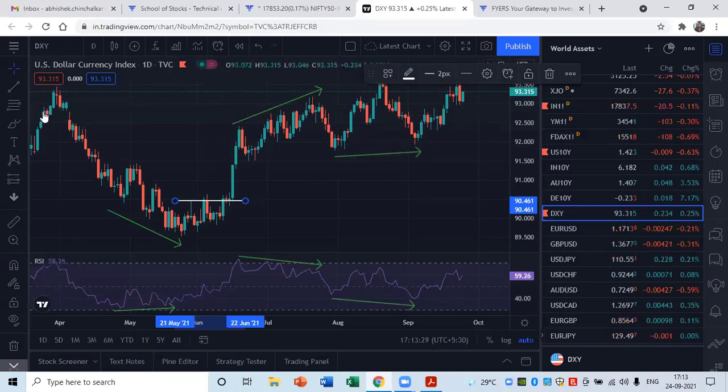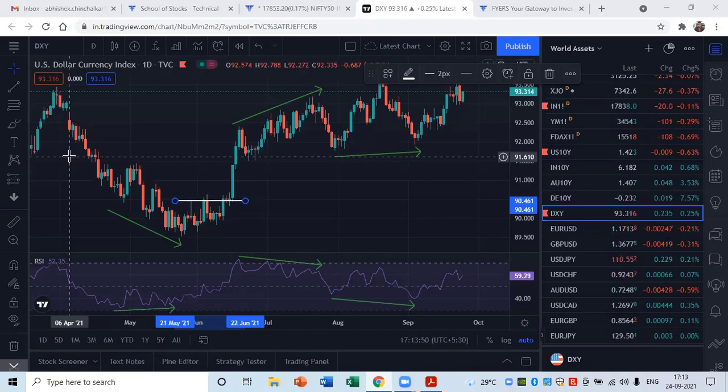So that is how you could spot the normal divergences. You could spot the hidden divergences. You could use the RSI bull and bear market zones, the zone shifts, etc. As I said in my last webinar, RSI is a very versatile and one of the most widely used indicators.